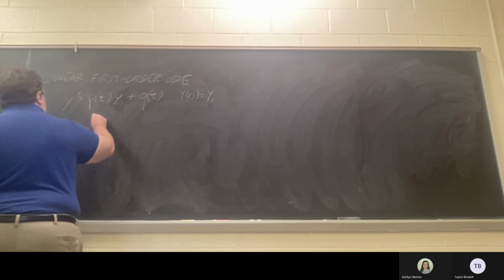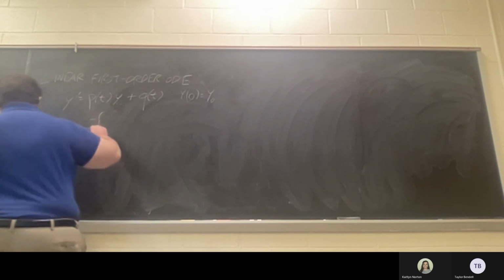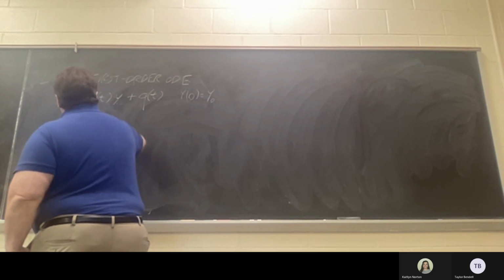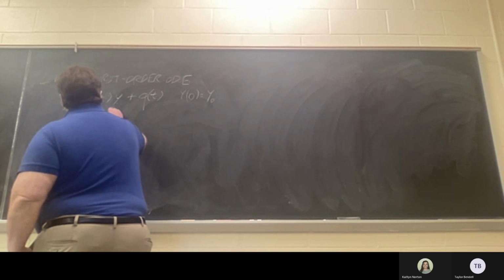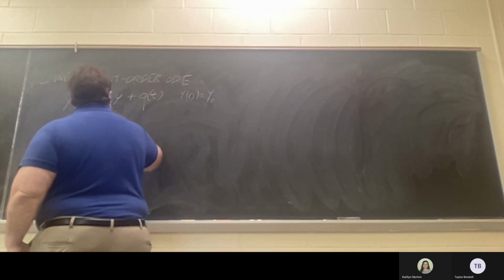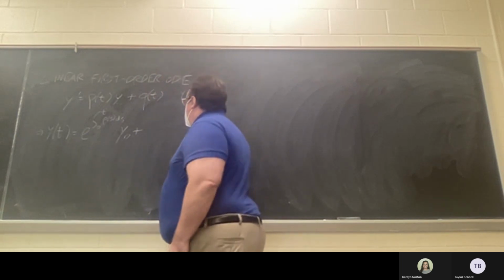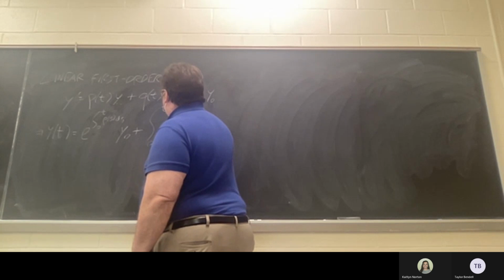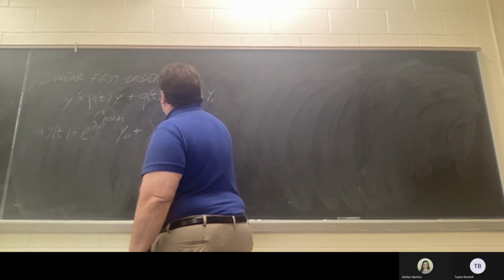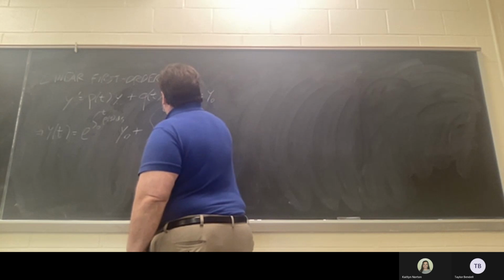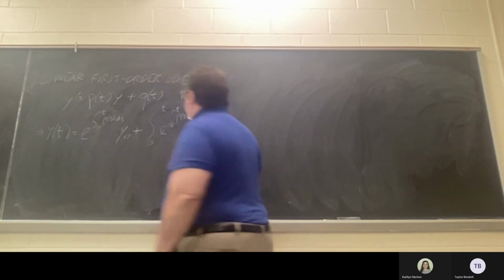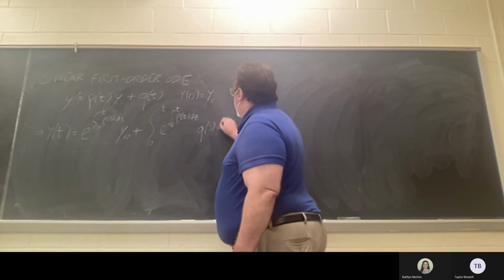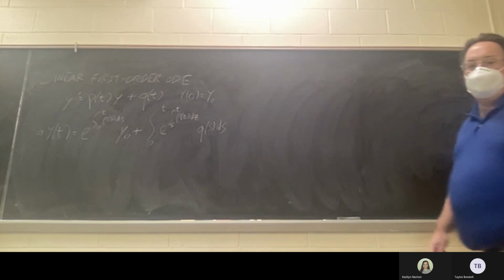We have y of t equals e to the minus integral from 0 to t of p of s ds, times y naught plus the integral from 0 to t of e to the integral from s to t of p of z dz, times q of s ds. Okay.